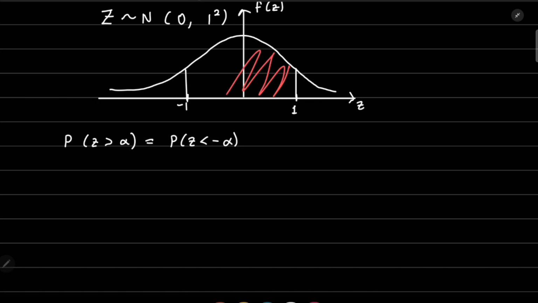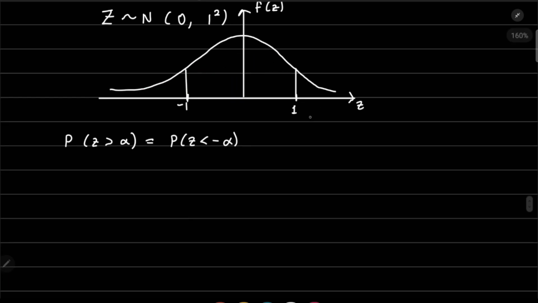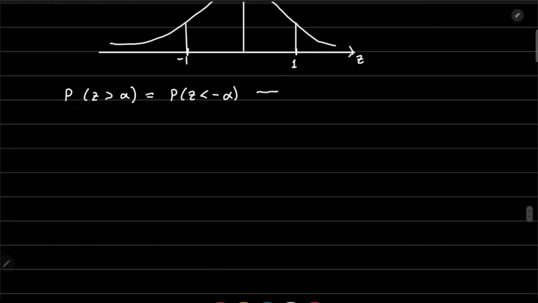So this red area is the probability of z less than 1. This is also equal to the probability of z greater than -1. So if I write it flipped, I can also write that the probability of z greater than alpha is equal to the probability of z less than minus alpha.